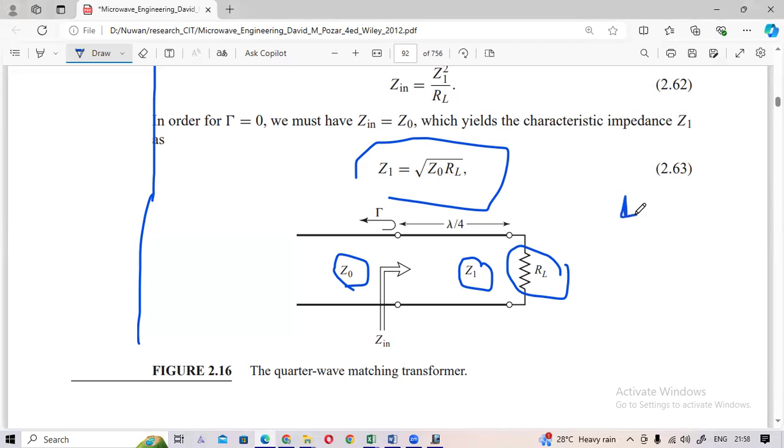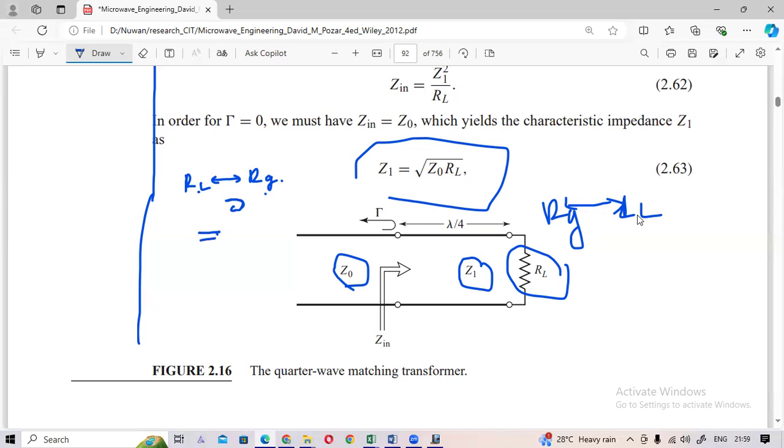If RL is equal to RG, you have no need for matching, because there is no reflection.